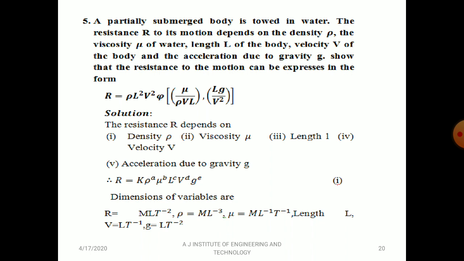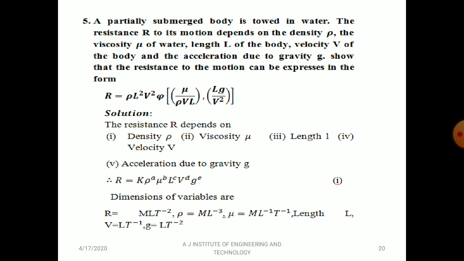So I can write the expression for R as R equal to k into rho to the power a into mu to the power b into L to the power c into v to the power d into g to the power e, expressing R in terms of some constant k and powers of the independent variables. Take it as expression 1.